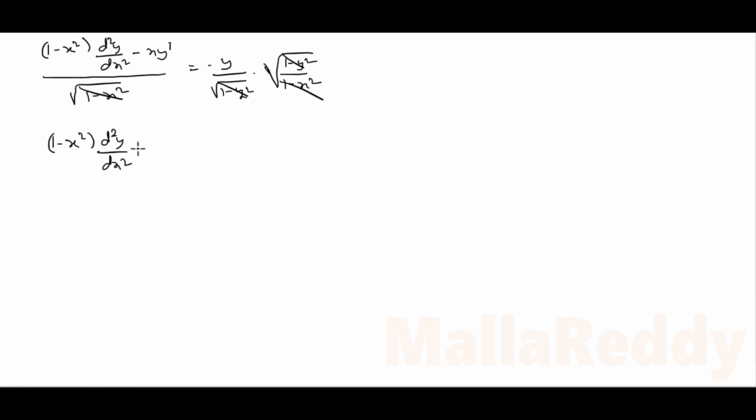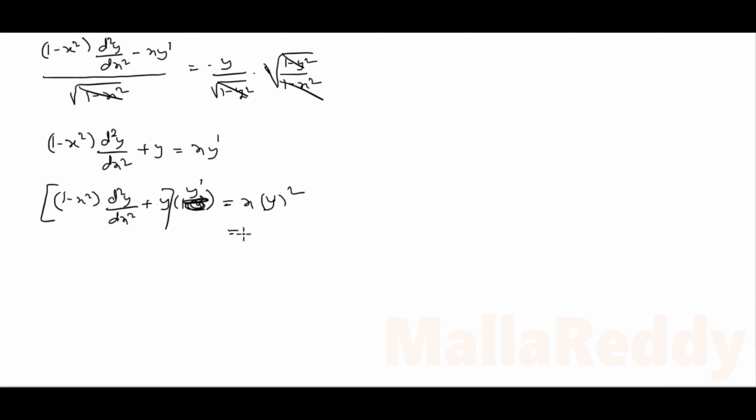Take −y this side, that is plus y is equal to x y'. So multiplying both sides by y', that is (1 − x²) d²y/dx² plus y, and into (1 − x²), is equal to x into y'. Multiplying y' on both sides, that is (y')², that is x into (y')² is (1 − y²)/(1 − x²).